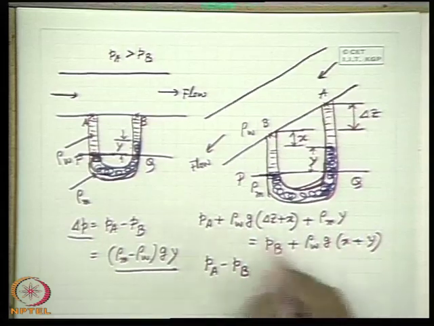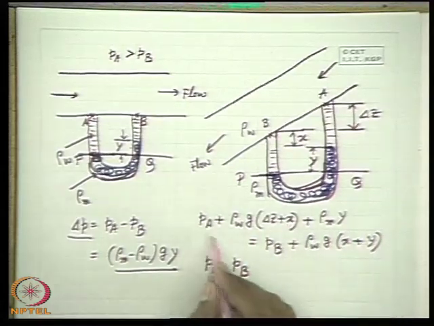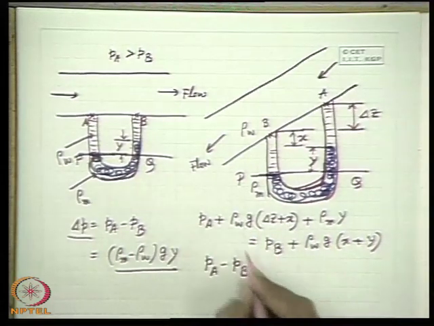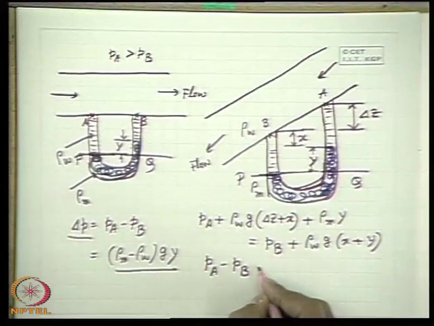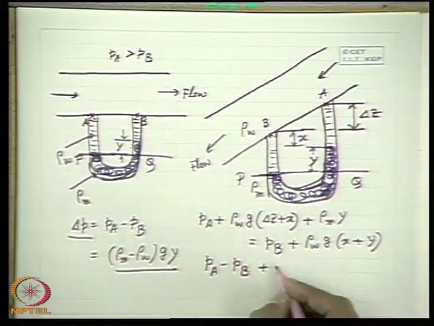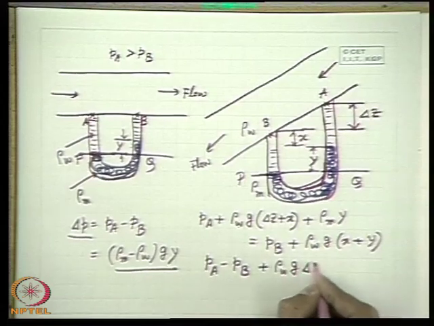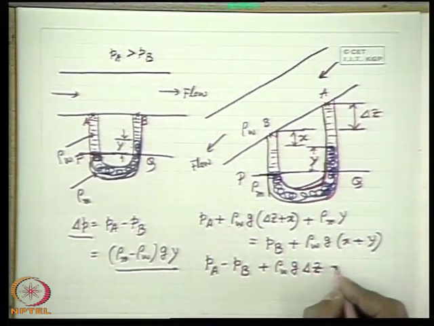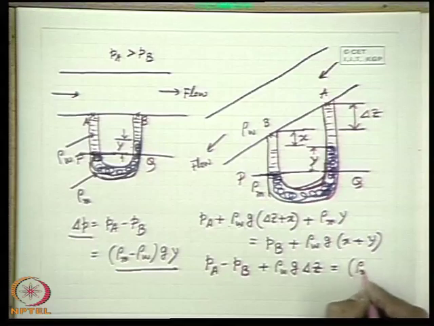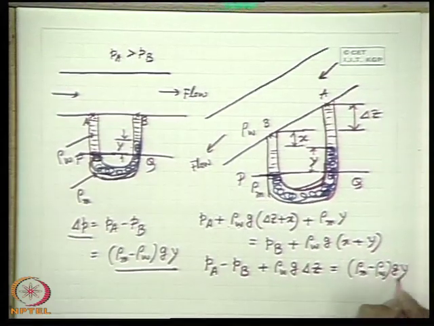So rho W g X cancels from both the sides, PA minus PB, so plus rho W g delta Z is equal to (rho M minus rho W) into g into Y.